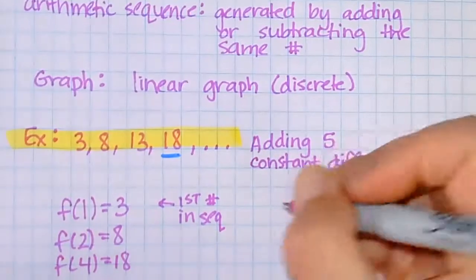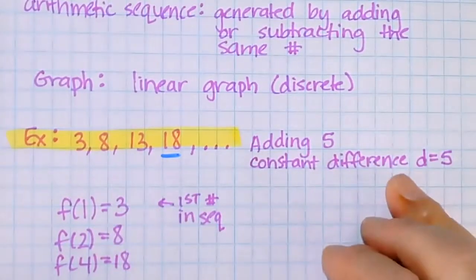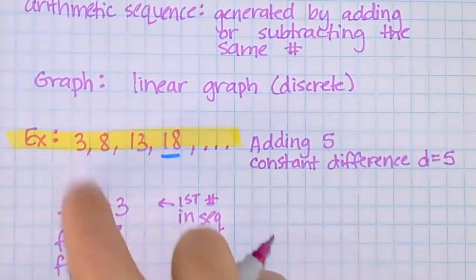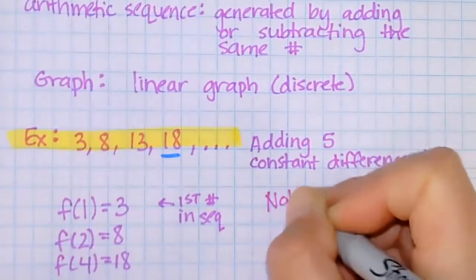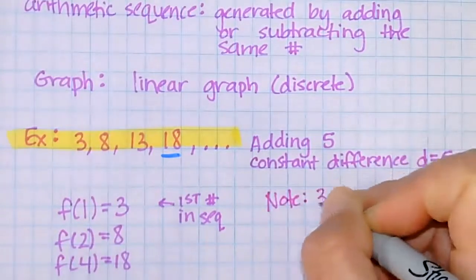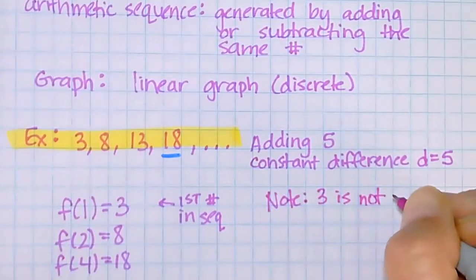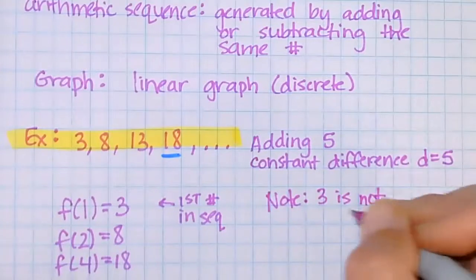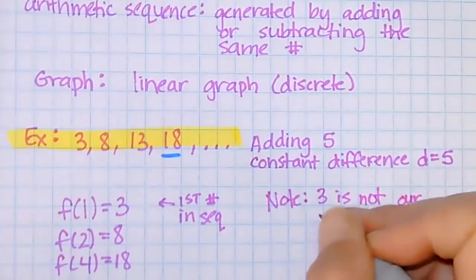Now, just a little note. A lot of times we think about the start, and the start is our 0. In this case, this is not our 0. It is our 1. So we've got to be careful. 3 is not our 0 term.